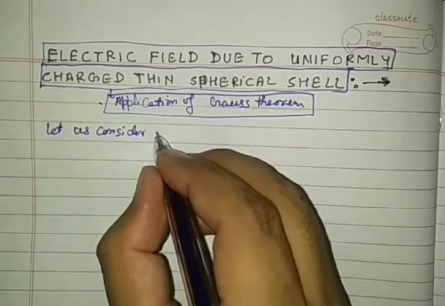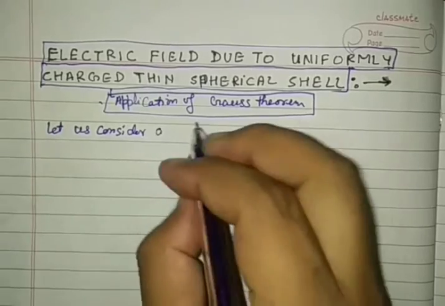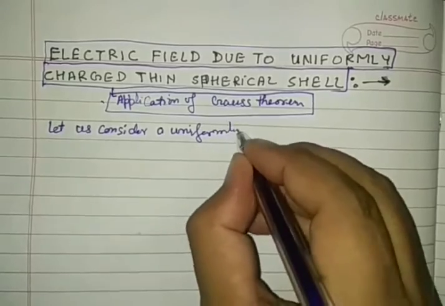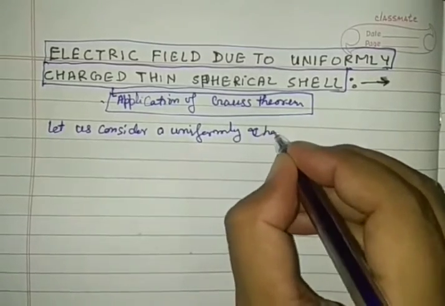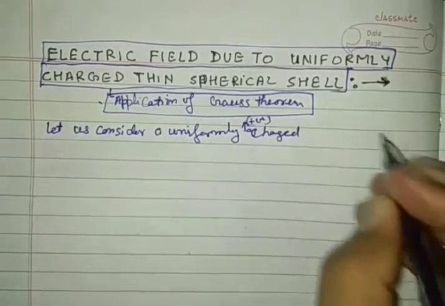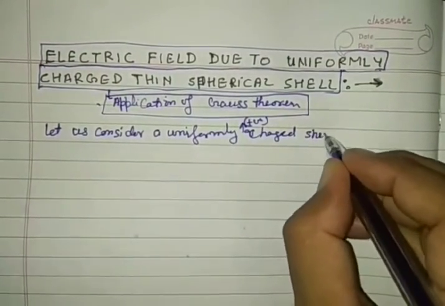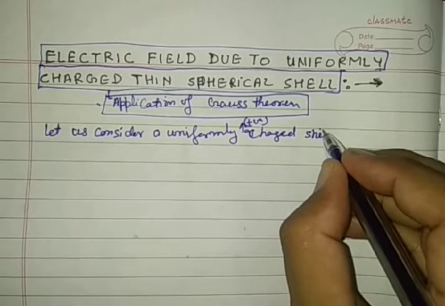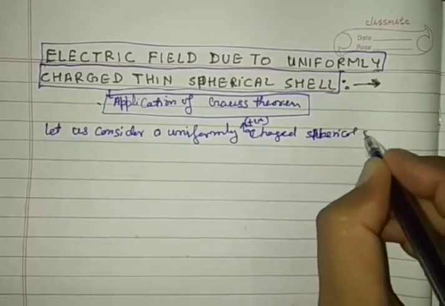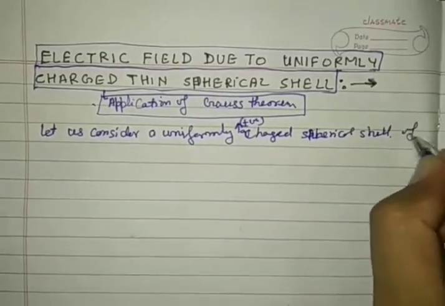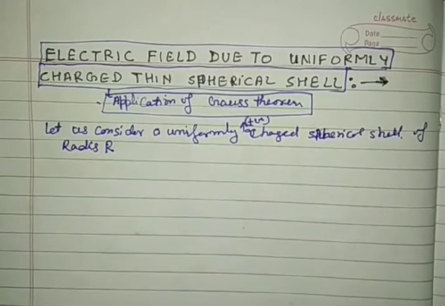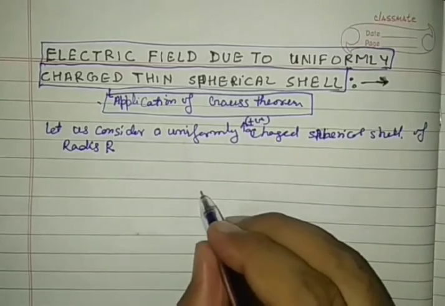So let us consider a uniformly charged, positively charged spherical cell of radius capital R. Consider here in the diagram very carefully.